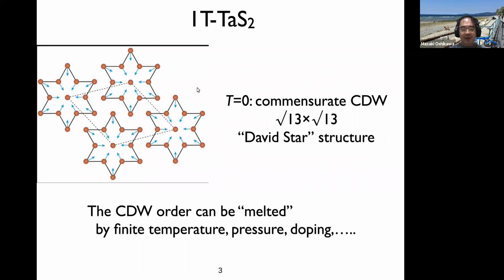The periodicity is square root 13 times square root 13, so it has this Star of David-like structure. So this is a charge density wave state, basically an insulating state. Okay, so this is actually a Mott insulator, but you can melt this charge density wave order by going to finite temperature or applying pressure or doping and so on.